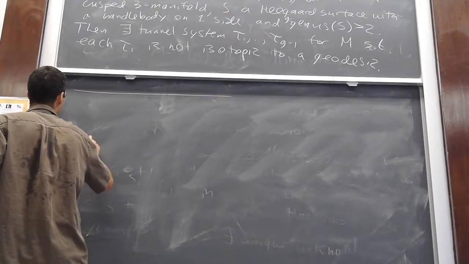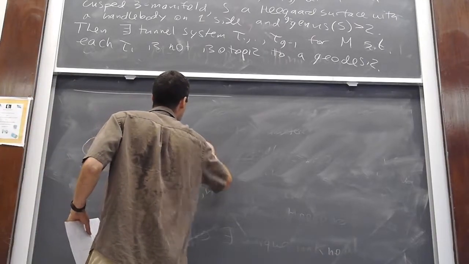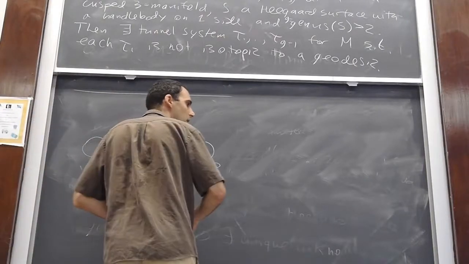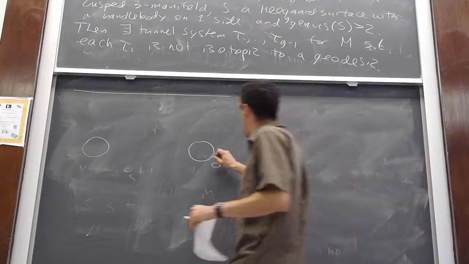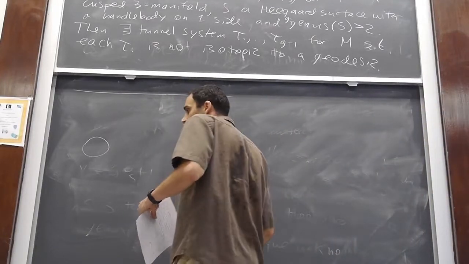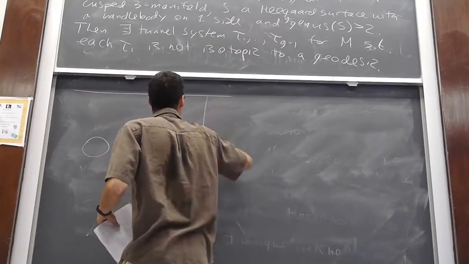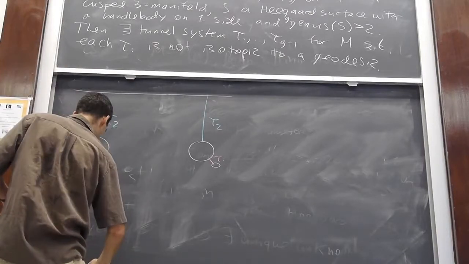Here's another lift of the same cusp or a different cusp. Another one over here. So let's see, where are the colors? Here is tau 1. Here is tau 2, and here's another lift of tau 2.